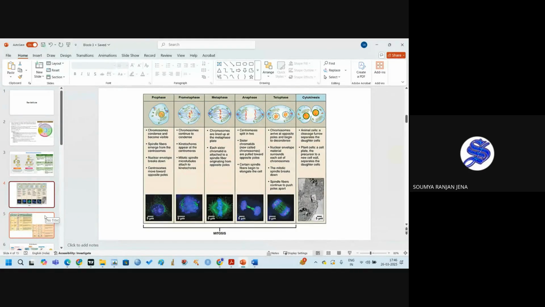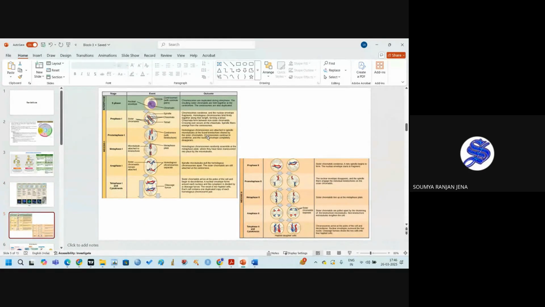Then if we go to the meiotic events in meiosis, this is meiosis 1 and this is called meiosis 2. Meiosis 1 has interphase, prophase 1, prometaphase 1, metaphase 1, anaphase 1, telophase, and cytokinesis.